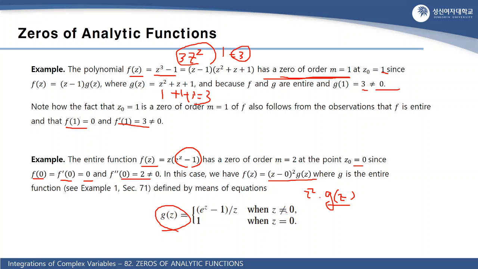When z is not equal to 0, g(z) is defined by this: (eᶻ - 1)/z. When z is equal to 0, the value of g(0) is equal to 1. We just checked it in example 1 in section 71.